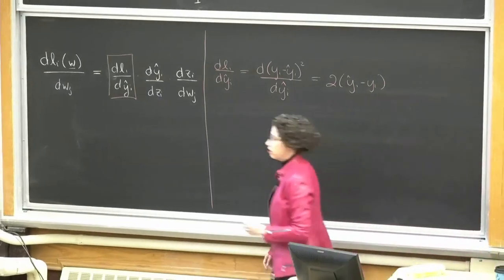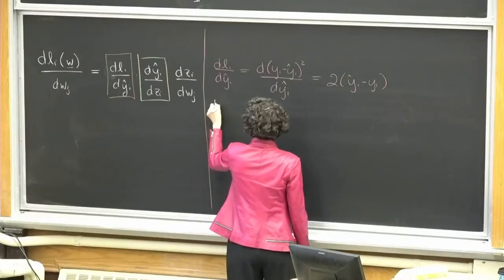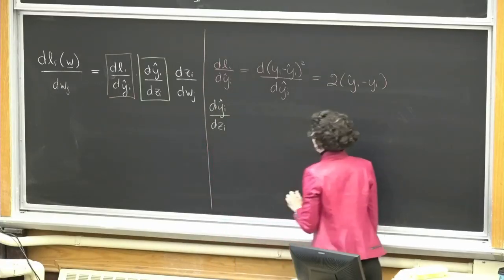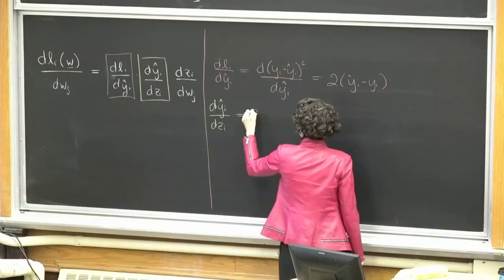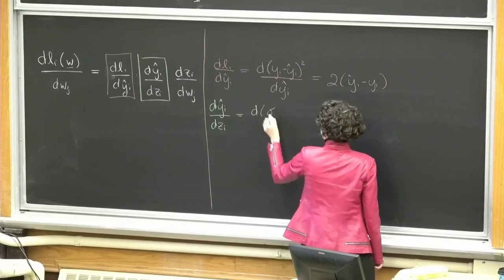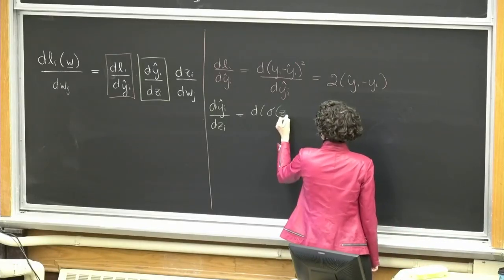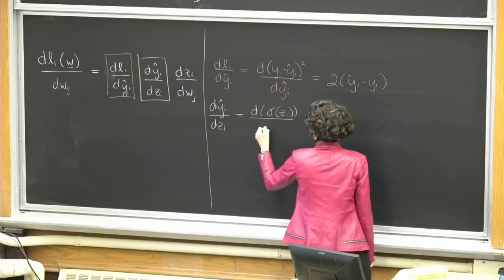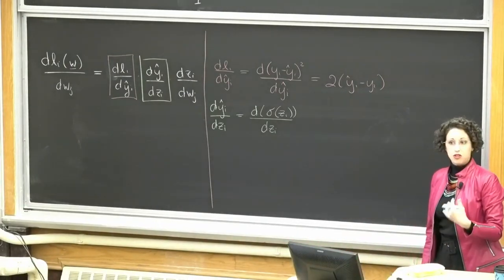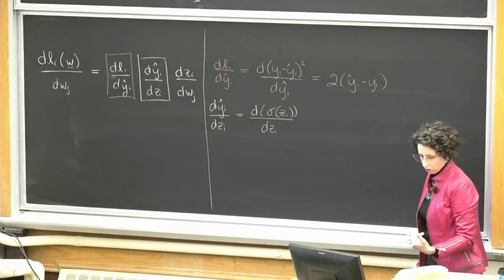Next, we're going to look at the derivative of yi hat with respect to zi. So remember that yi hat is simply this nonlinear activation function sigma applied to zi. And now we're taking the derivative of that with respect to zi. So this is where sigma prime is going to play a role.